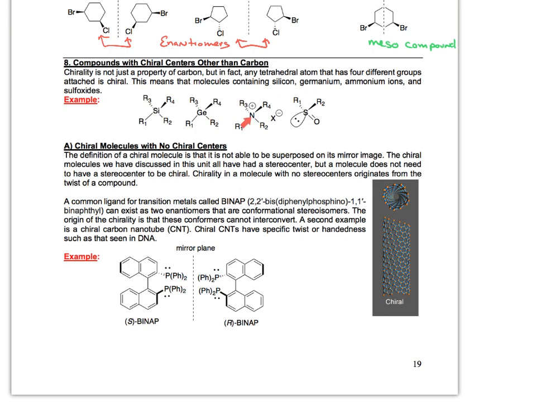That means when nitrogen forms 4 bonds, it's not an amine anymore. It has a positive charge, so it's an ammonium, and it's charged. So this would be a quaternary ammonium salt, and again, it's got 4 different things attached to it, and it's tetrahedral in geometry. So this would be chiral.